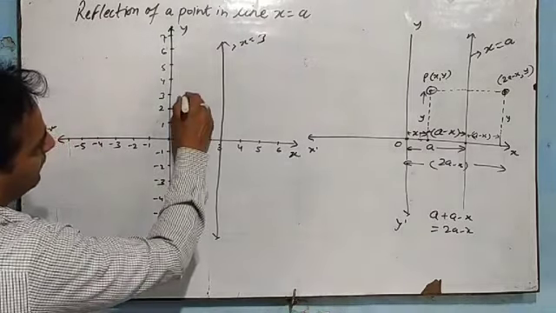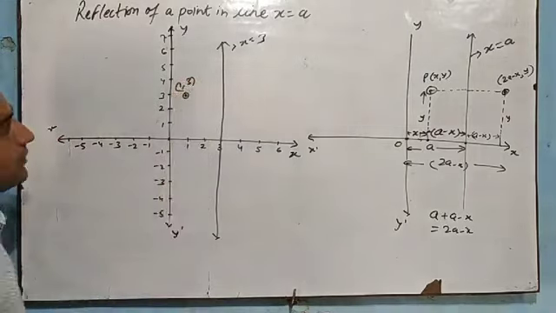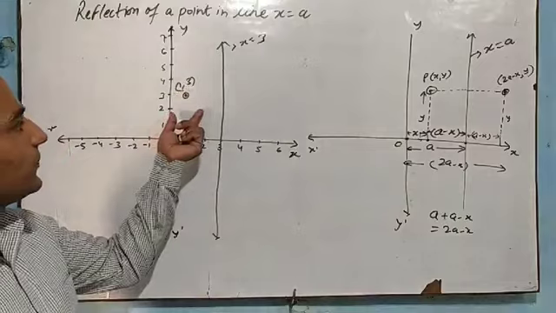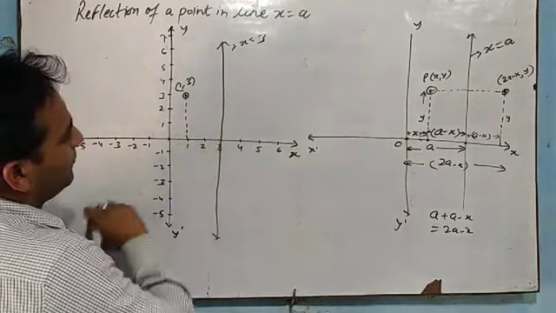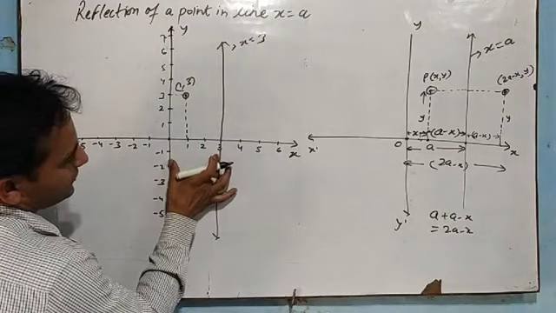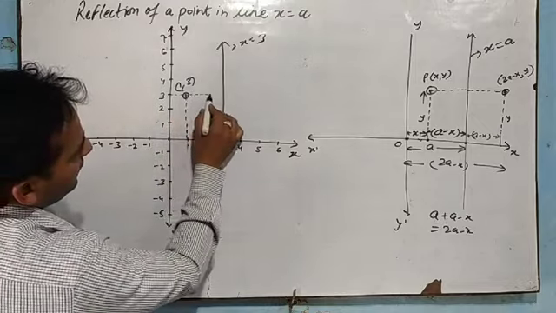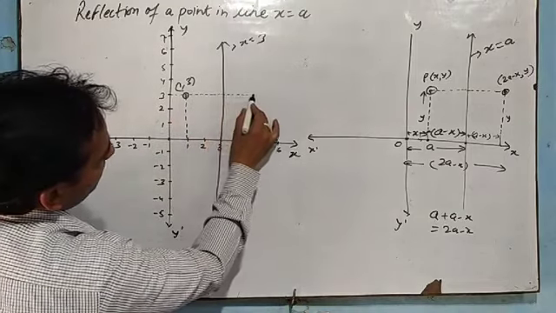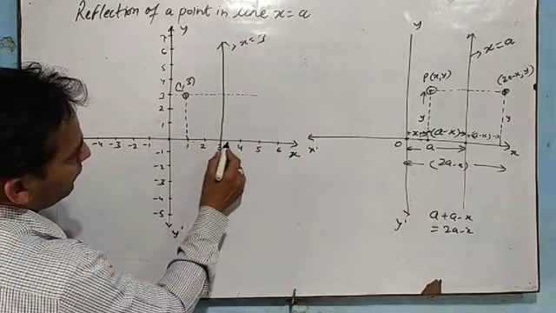And we have a point 1 comma 3, and we want the reflection of this point. So if this distance is 3, this is 1, the remaining will be 2. Our image will also follow the same distance: 1 unit, 2 unit, 1 unit, 2 unit.